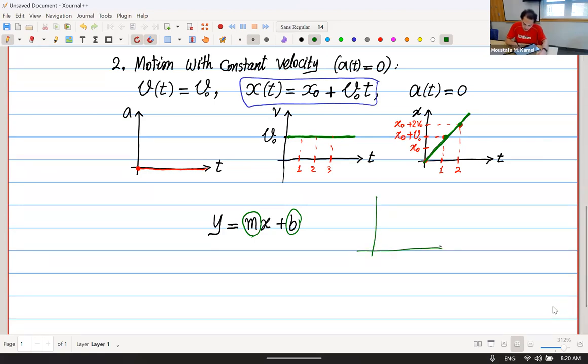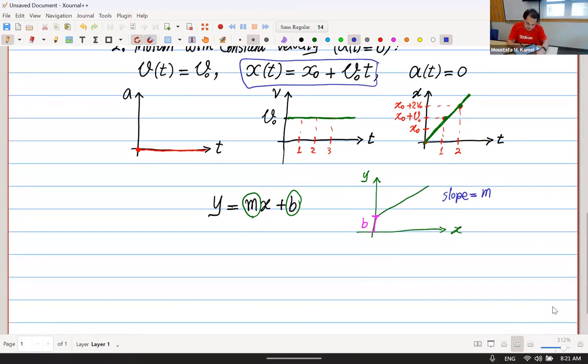This equation, when graphed, looks something like this, y versus x, where this distance is b, the y-intercept, and the slope of the line is equal to m. If you compare that to the position equation above, we have x instead of y and t instead of x, but we have the same form still, v naught t plus x naught, right?